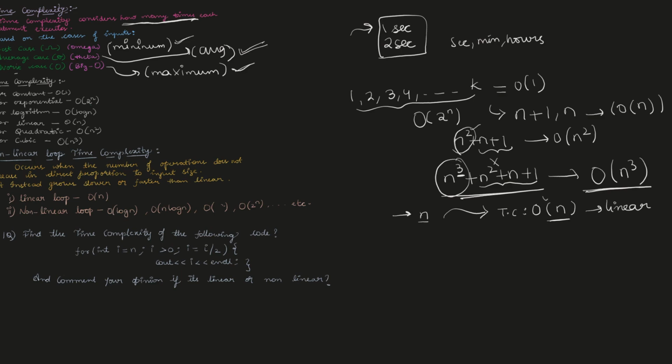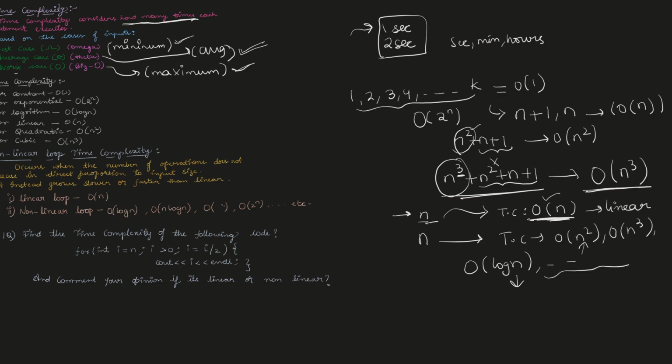Other than order of n, you are using the same input again, but the time complexity now varies: it goes like order of n square, order of n cube, or order of log n, and so on. You can take any example. It is either increasing or decreasing, but it's not the same.